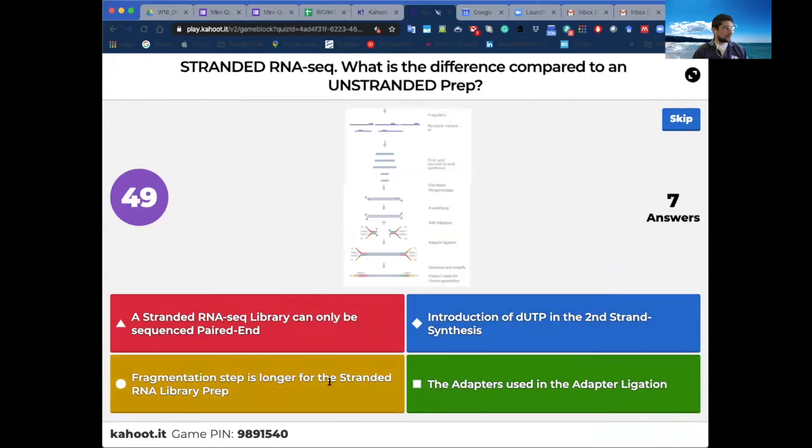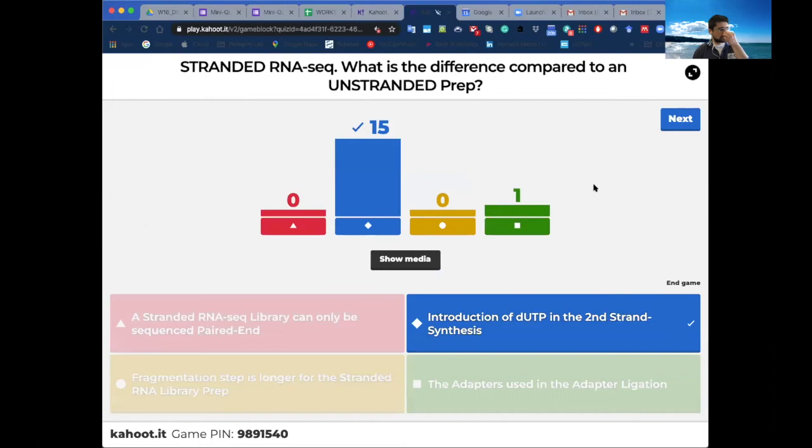Fragmentation step is longer for the stranded RNA library preparation. The adapters used in the adapter ligation are different between the two preparations. Only one is correct. A few more seconds so everybody can answer.